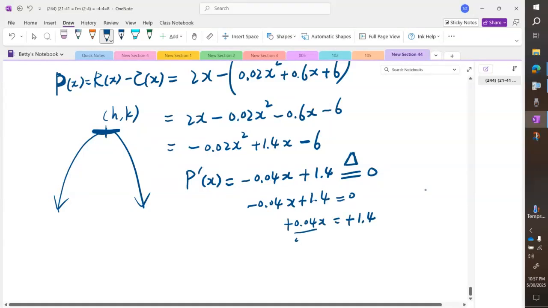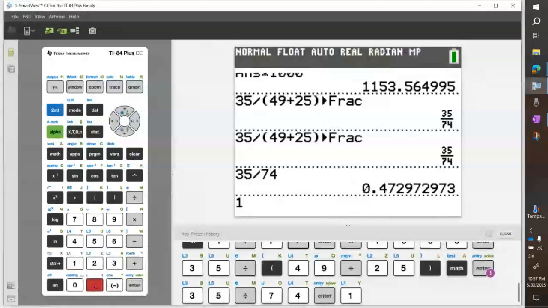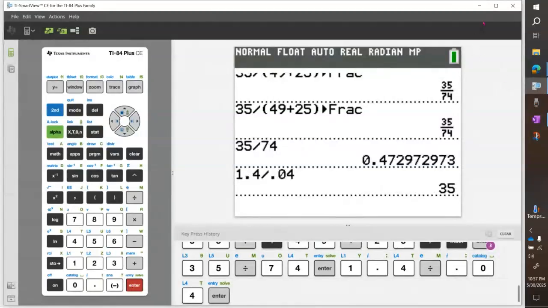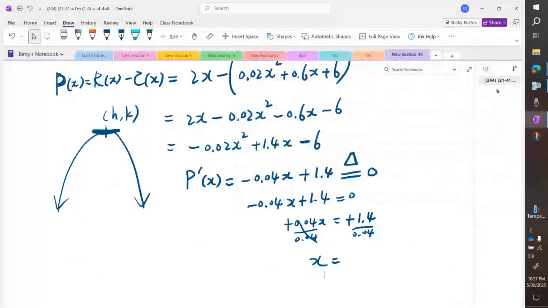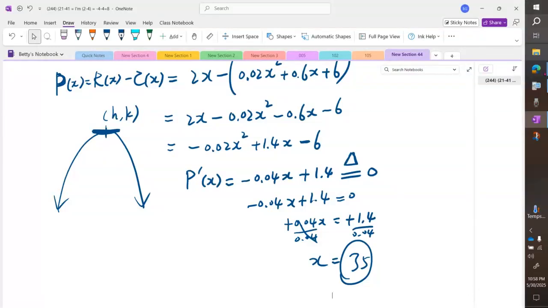Divide by 0.04 on both sides. x equals 1.4 over 0.04, which is 35. That means the maximum profit is reached when x equals 35.